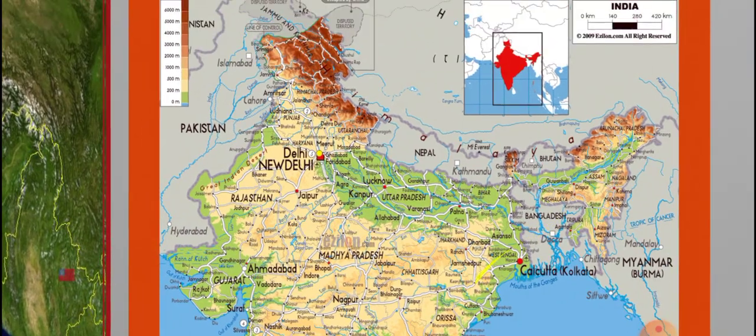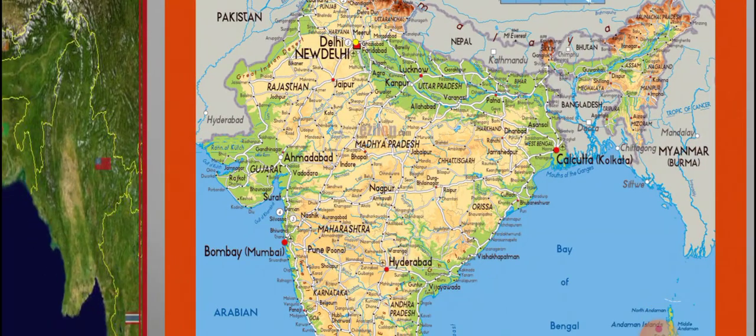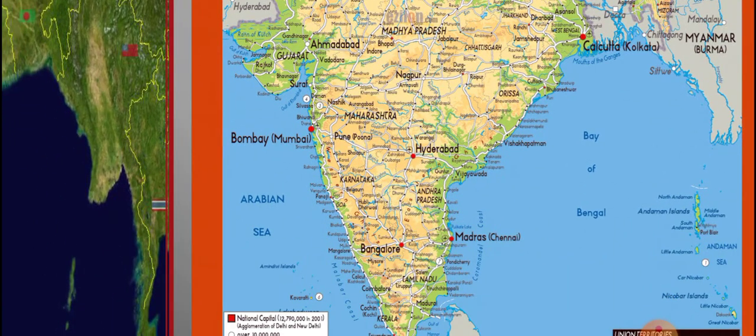Okay, do you see this? You see the India map. We have all the states as well as the rivers and the capitals on it. Do you see Hyderabad? Yes, okay.